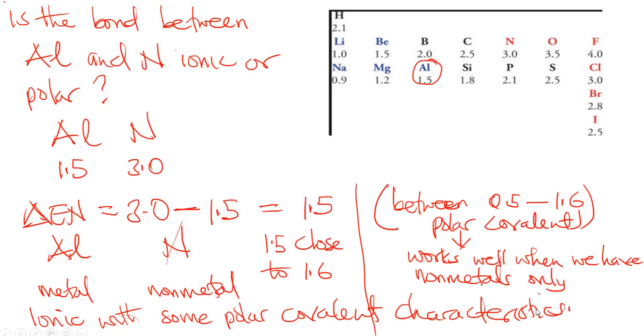It's an ionic bond because it's a metal and a non-metal, but because it is within this range, it has some polar covalent characteristics, although it is an ionic bond. So that's how you determine whether a chemical bond is polar or non-polar. So that is one way.